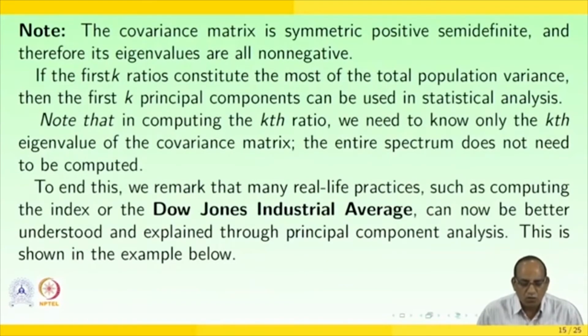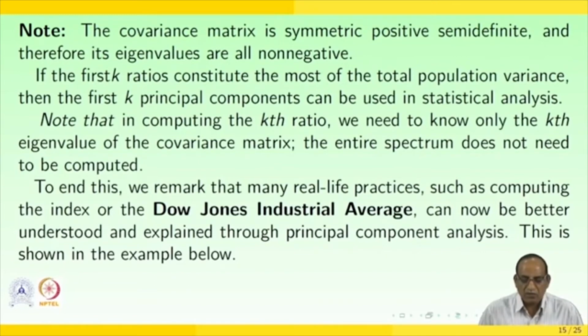Note that the covariance matrix is a symmetric positive definite matrix and therefore its eigenvalues are all non-negative. If the first k ratios constitute most of the total population variance, then the first k components are the largest, and they are used in principal component analysis.